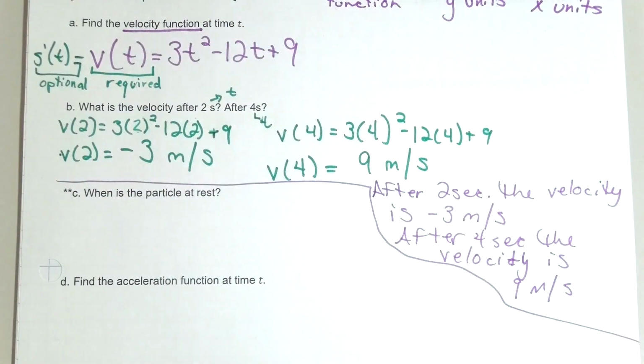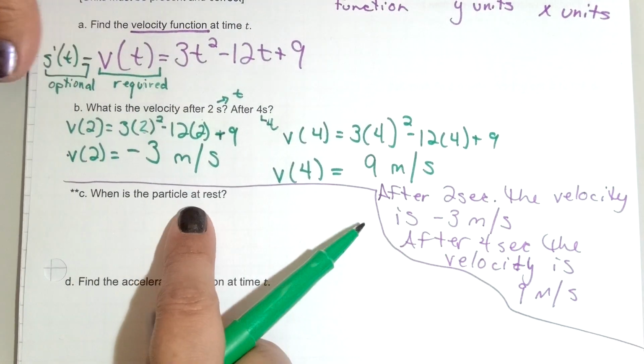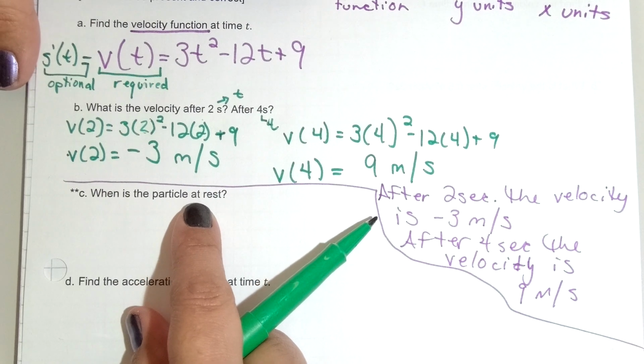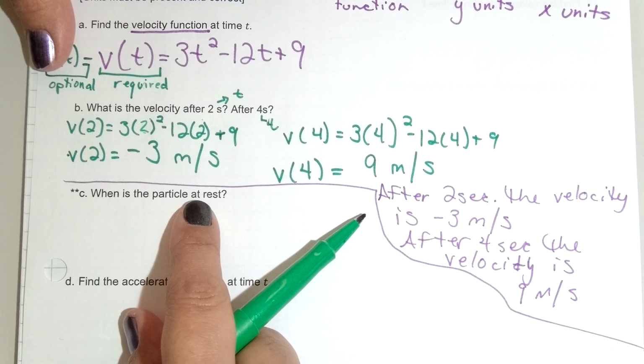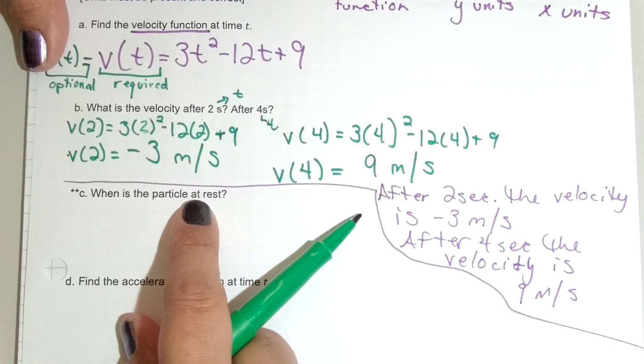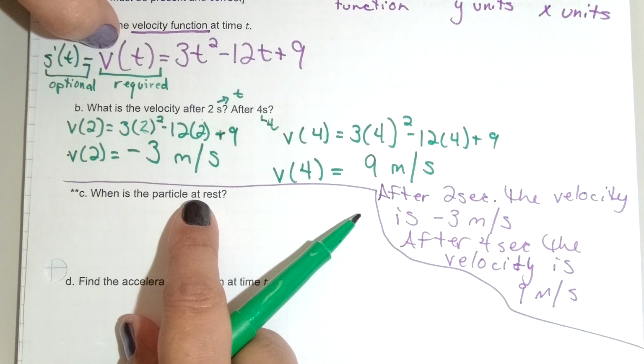Oh, no. Okay. What does it mean when the particle is at rest? What's 0? Not time. Time is seconds. That means it's not left or right, right? And so what is it? What part of the equation is it? The acceleration.